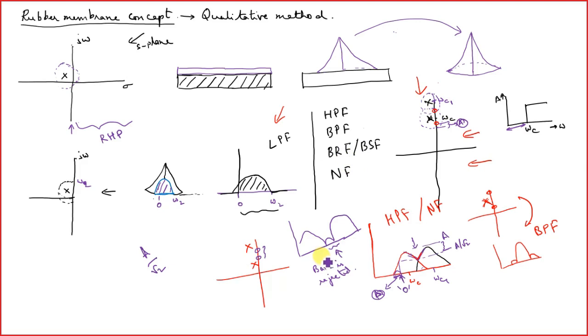Now, another important thing is that suppose you are having a pole and onto that pole you place another pole. So what should happen?